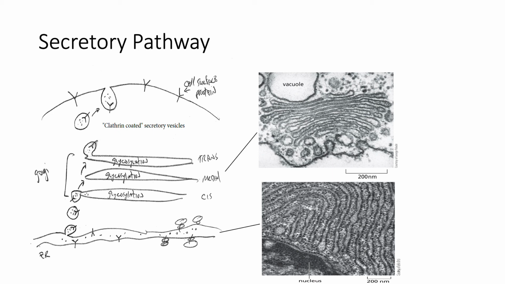So I'll say this, and I'll probably say it again: every single protein that's either on the cell surface or in the ER or in the Golgi or secreted, like a hormone that's secreted or a growth factor that's secreted, is glycosylated. Sugars are added.